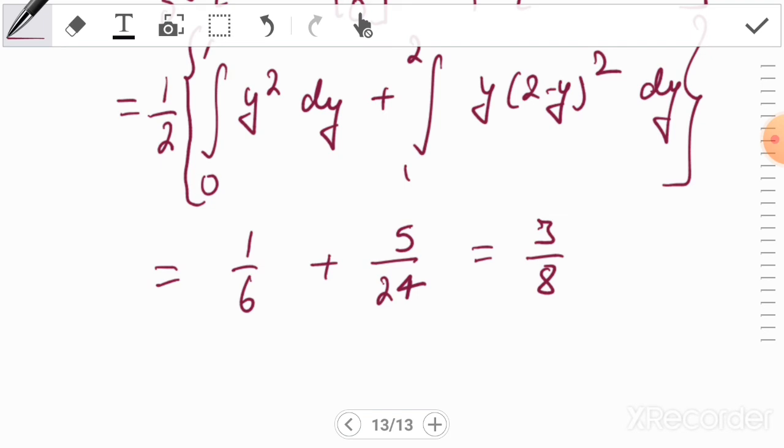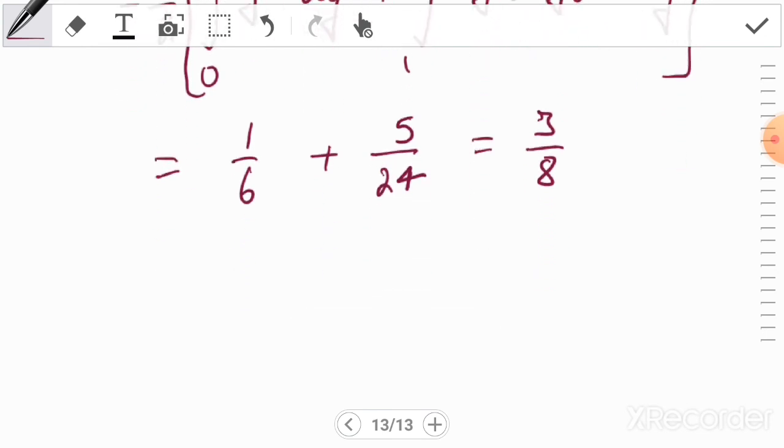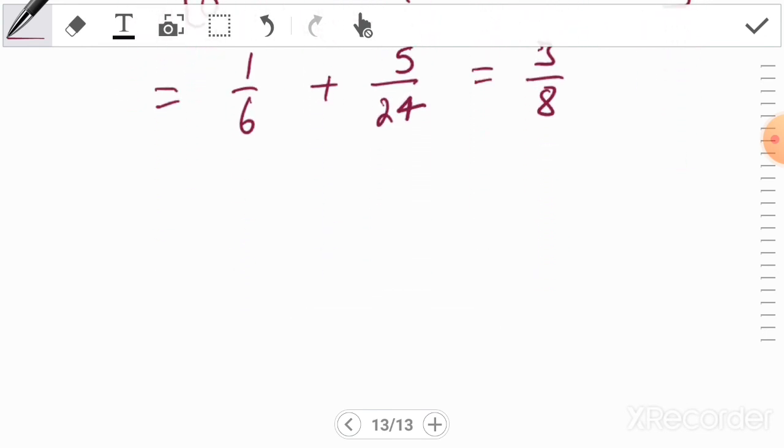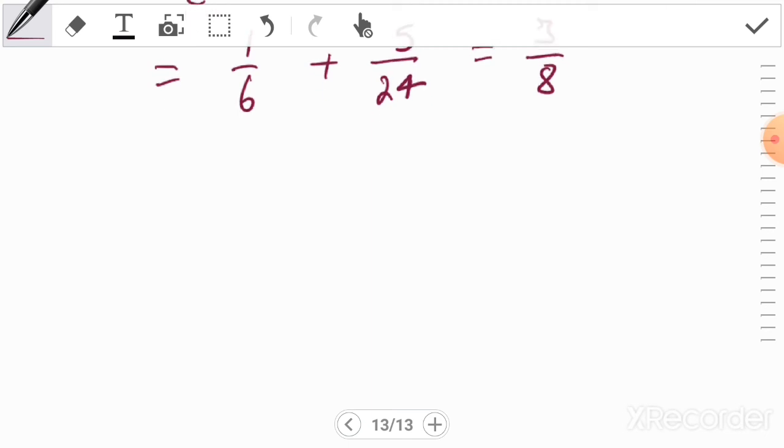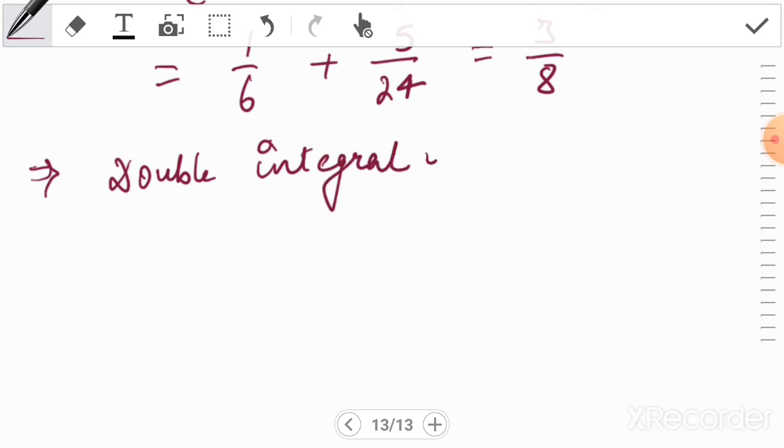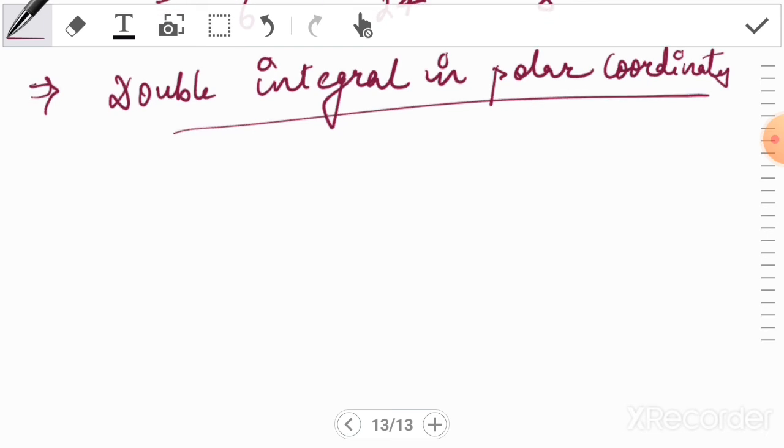So now, for double integral in polar coordinates, let us understand this with an example.